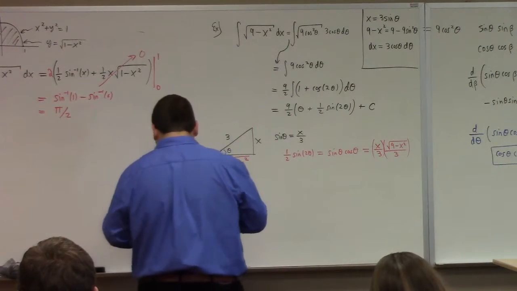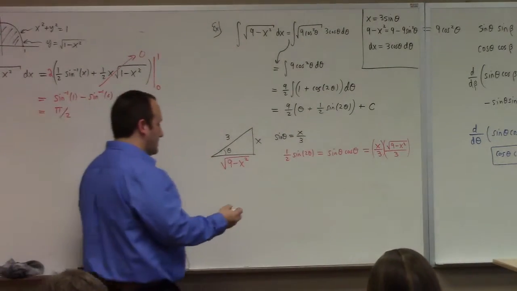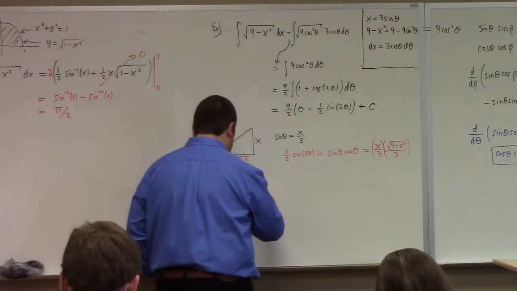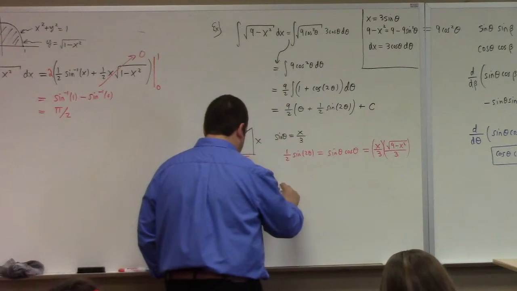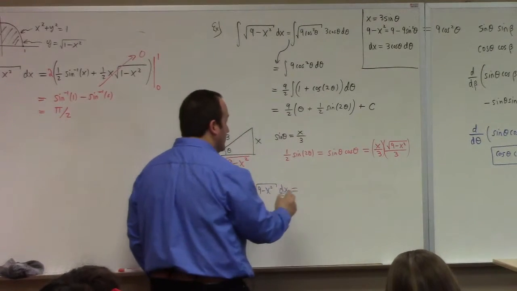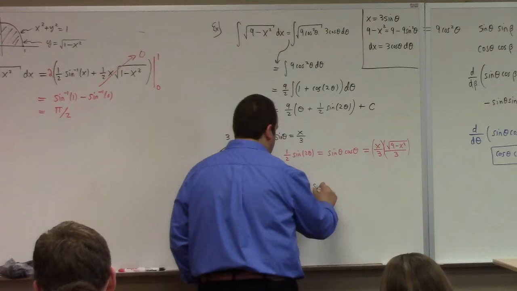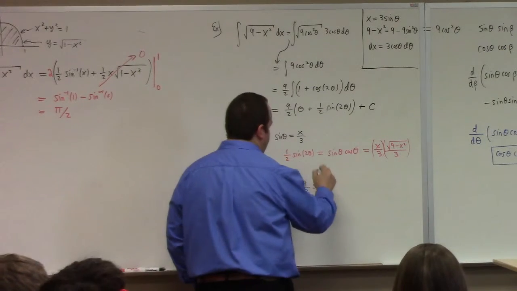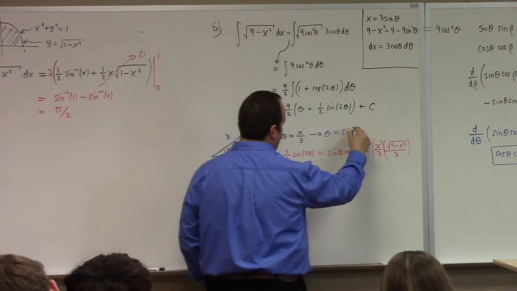And so therefore, I find the answer: the integral of the square root of 9 minus x squared dx is equal to 9 halves inverse sine. So by the way, this says theta is equal to what? Inverse sine of what?